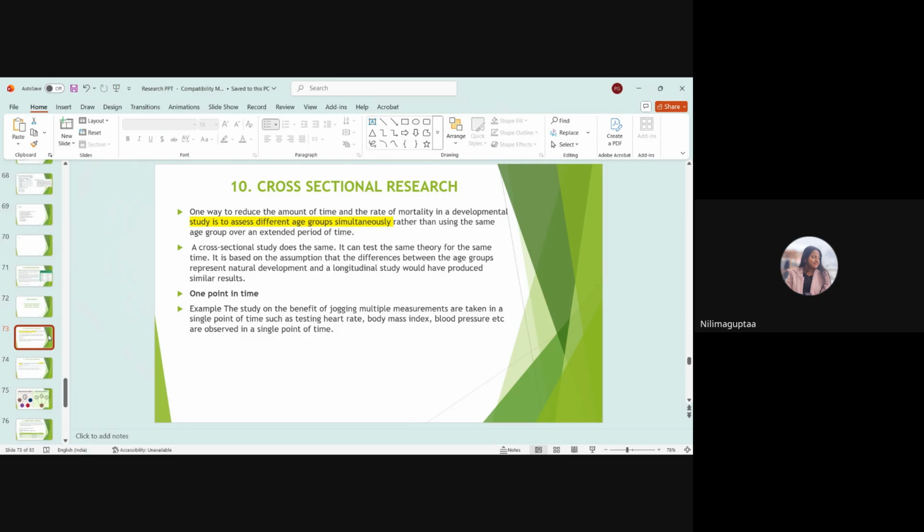And these four different sets I'm studying at the same time. That is called cross-sectional research. What I'm trying to do is save my time, because I want to study a topic, a concept, or a phenomenon on a group of people, and I don't want to wait for 50 or 60 years to check it on the same people. So I use cross-sectional research.